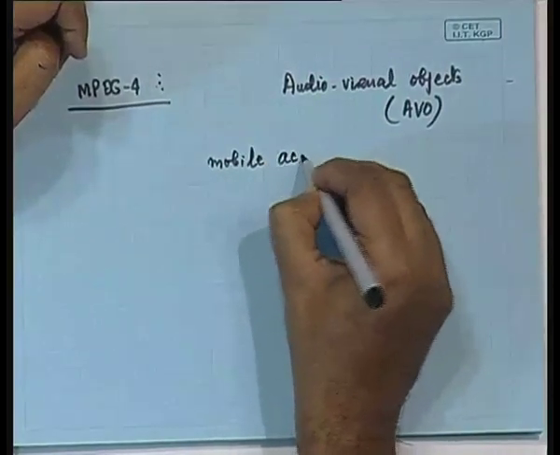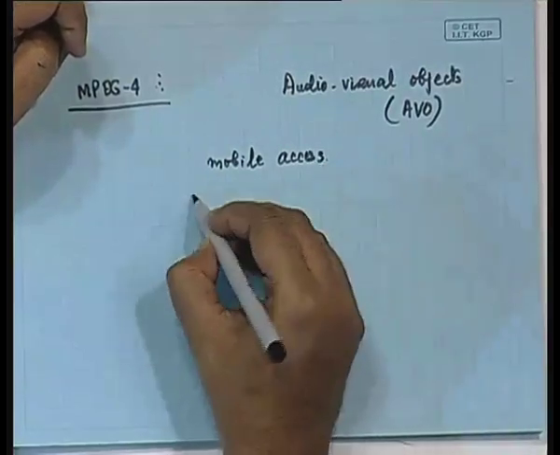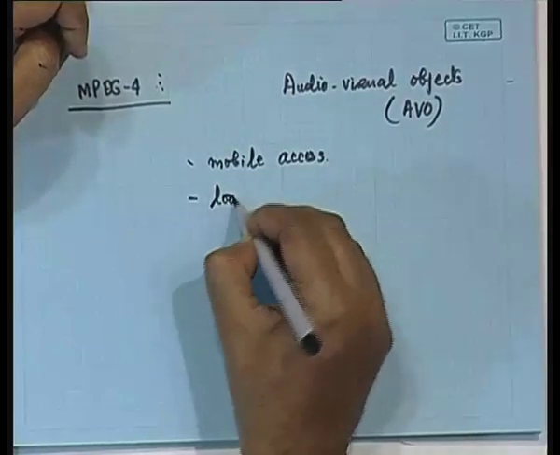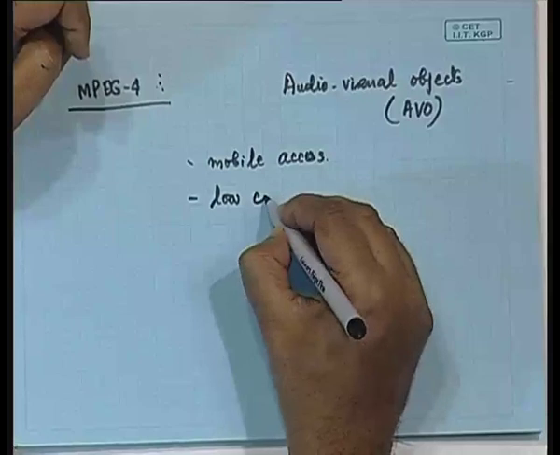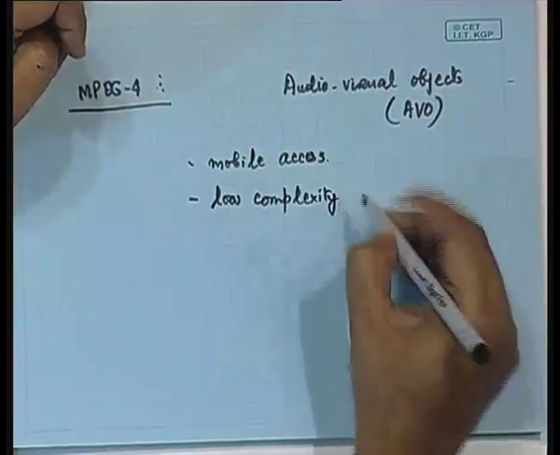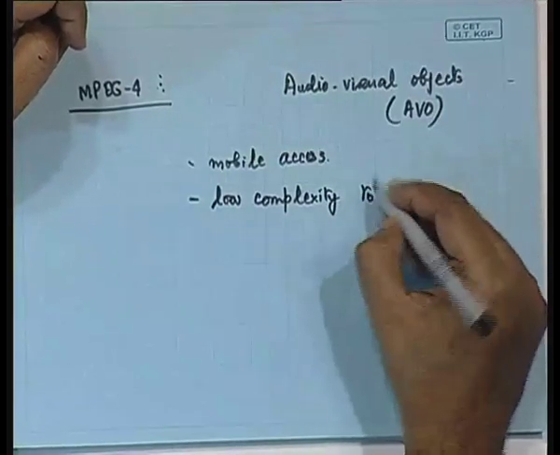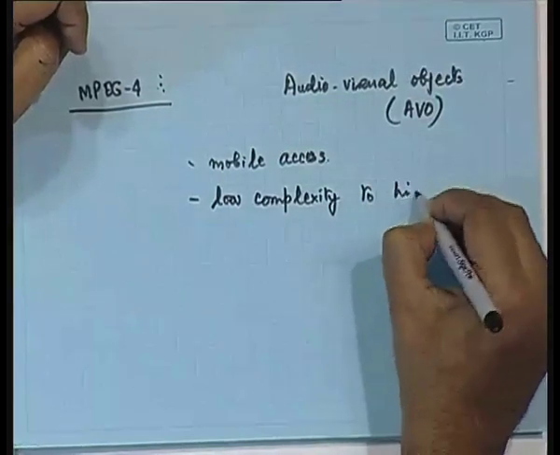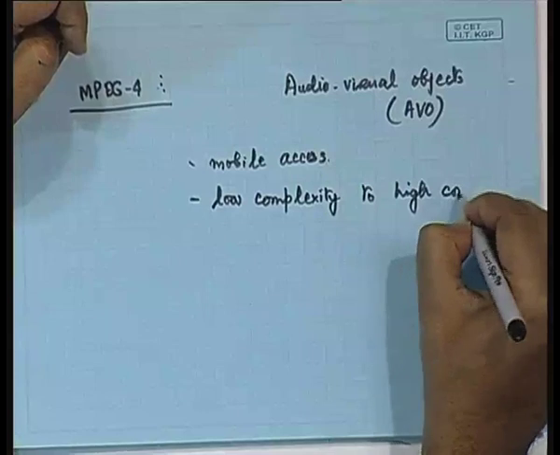Okay, mobile access, then low complexity multimedia terminals. Low complexity, I mean it ranges from low complexity to high complexity multi-channel sound systems.